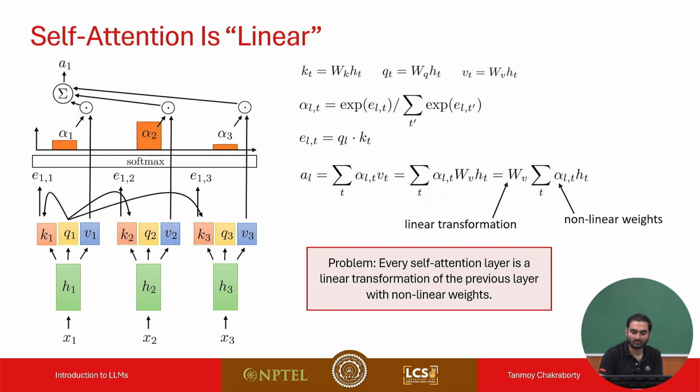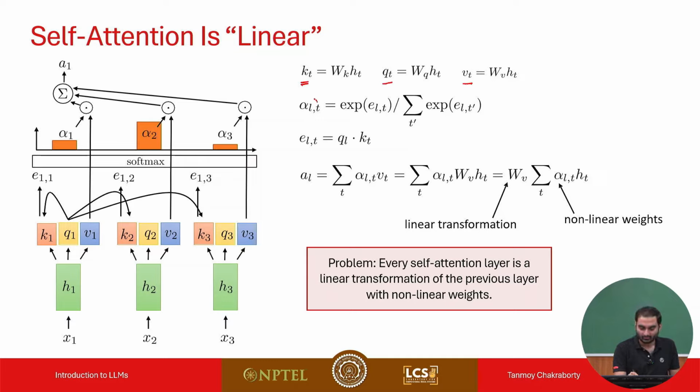Okay. And we'll see that this attention, self-attention, is a linear operation. Although it looks very complicated, but ultimately it's a linear operation. We'll show this thing using one attention head. One attention head, W1, Q1, WQ, WK, WV. So let's say this is my key, query QT, KT, and VT.